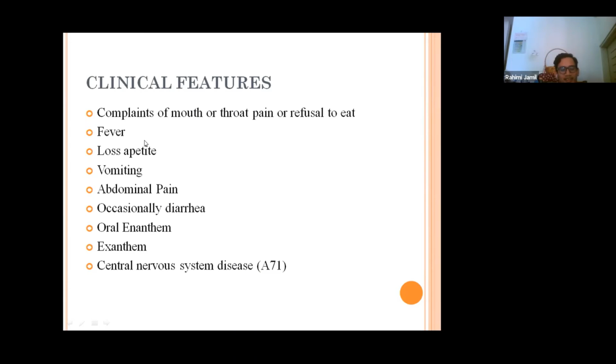Other clinical features the patient may present with are fever, loss of appetite, vomiting, abdominal pain, and occasional diarrhea. On physical examination, we can see oral enanthem and exanthem. For enterovirus 71, the patient may present with central nervous system manifestations such as meningitis, encephalitis, and others.